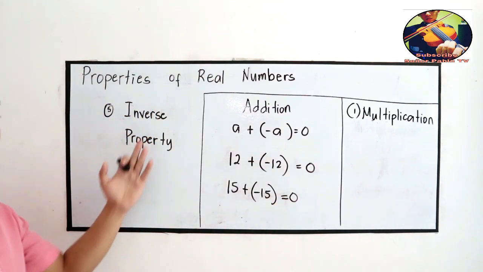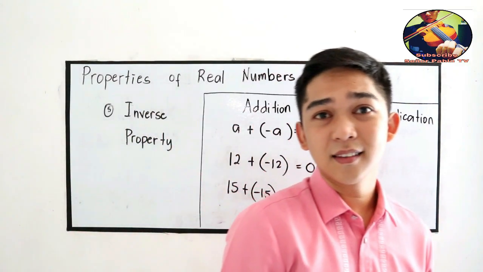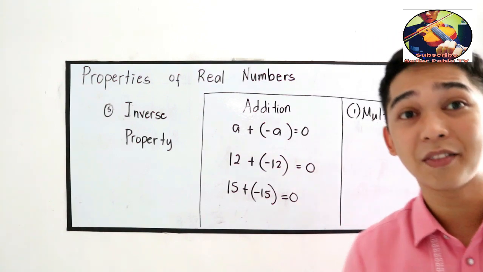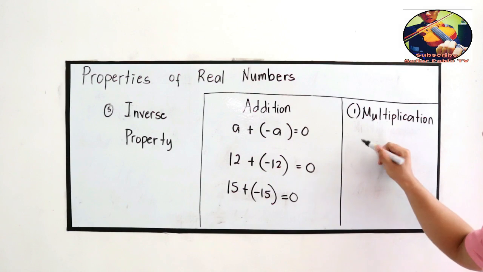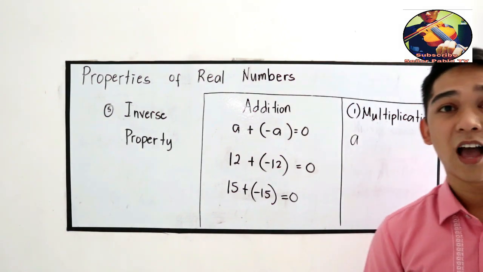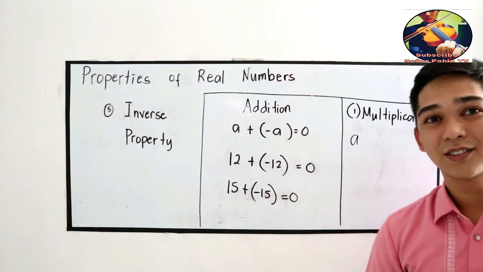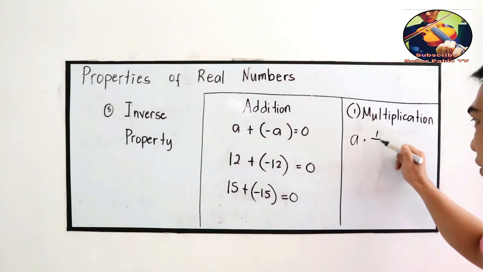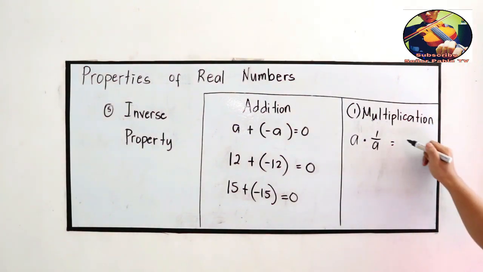Proceed naman tayo kay inverse property of multiplication. Dito naman, kapag ano yung multiply mo dun sa number na yon, dapat ang product nila ay 1. So let's say, we have A. Ano multiply natin kay A para maging 1 ng value? Siyempre, yung reciprocal niya. So, ang reciprocal niyan ay 1 over A. So, that is 1.